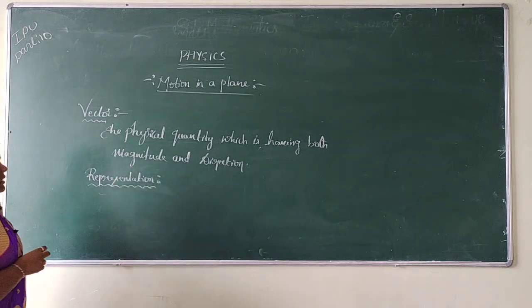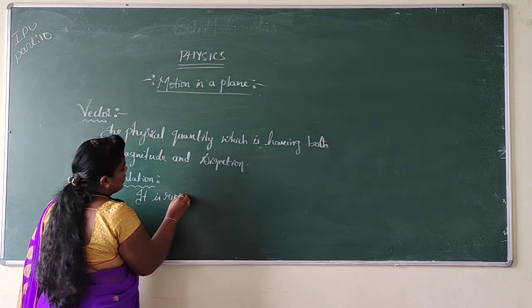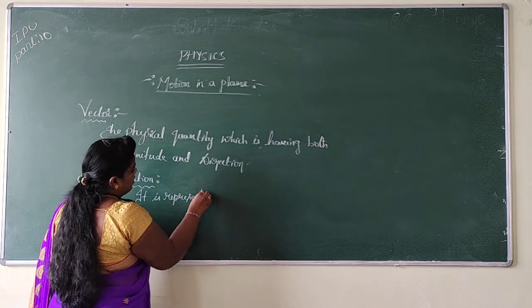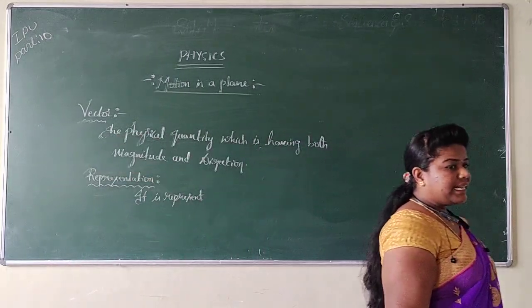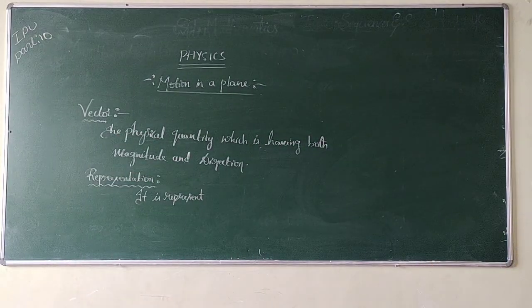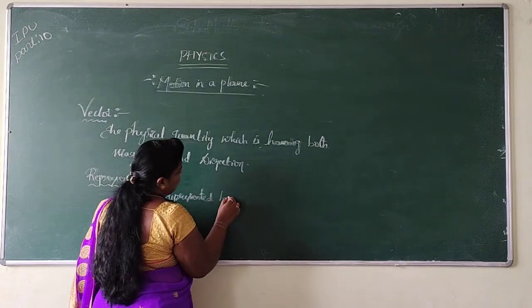The vector quantity is represented by an arrow mark. Always, while writing any vector quantity, whether it may be velocity, force, or acceleration, it is represented by an arrow line. So the vector quantity is represented by the arrow line.